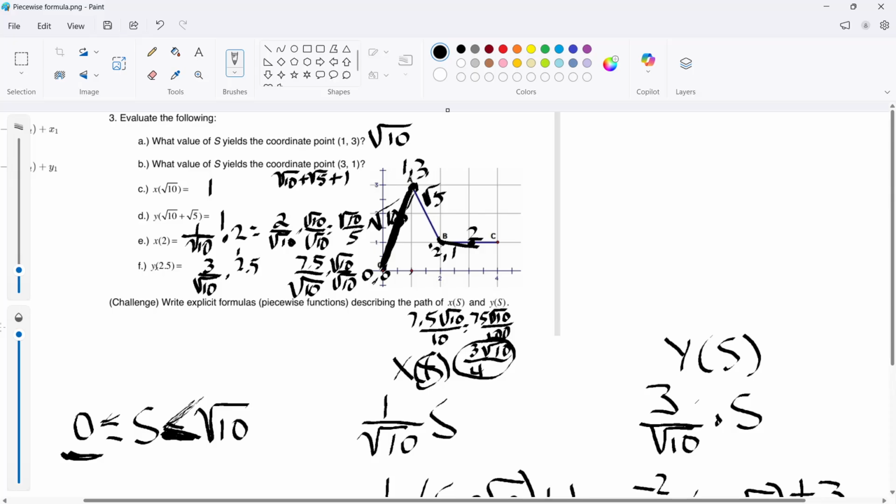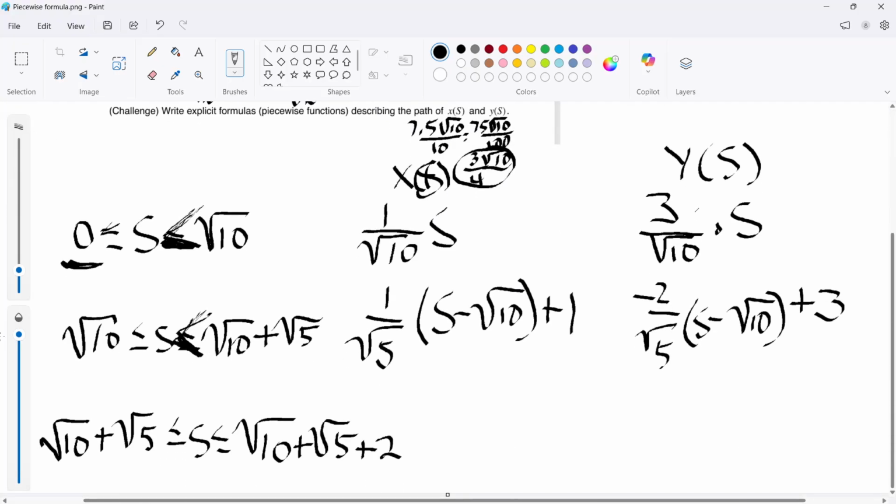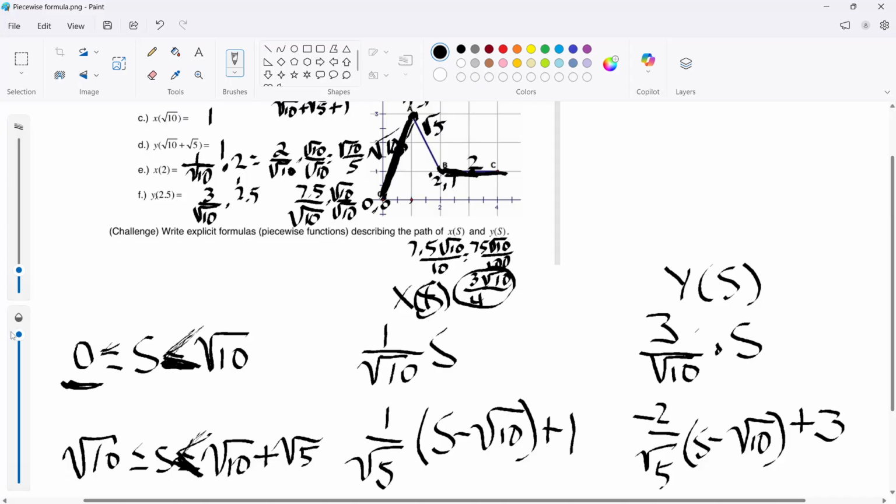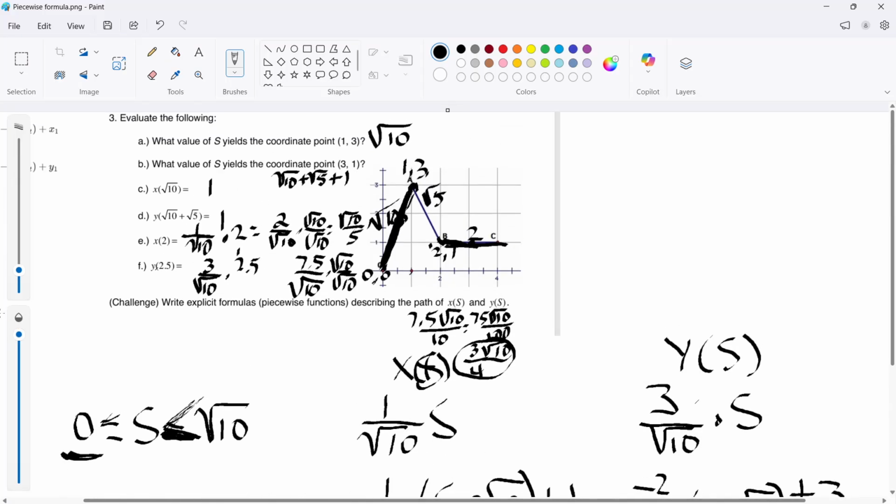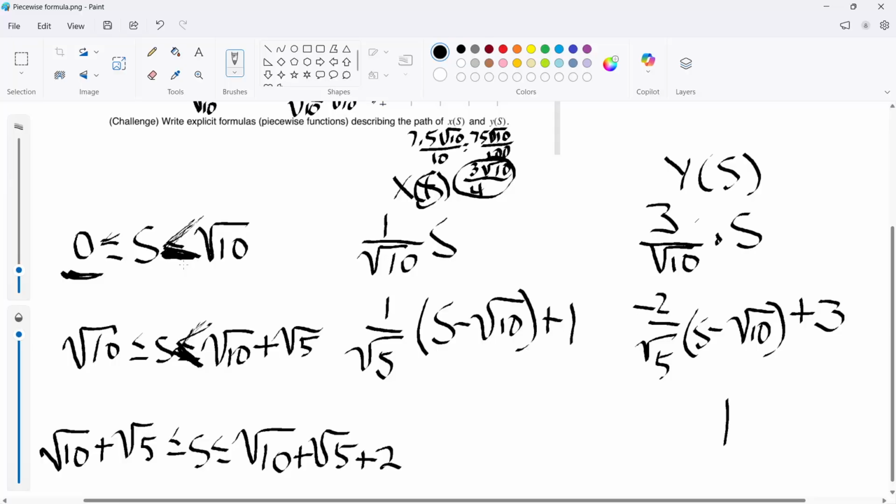Well, for y, it's easy. The y of the third segment, the whole way across, y is just equal to 1. So the y part is easy. What about the x part? First I have to add where x started. X started at 2. I'm going to do s minus the quantity square root of 10 plus square root of 5.